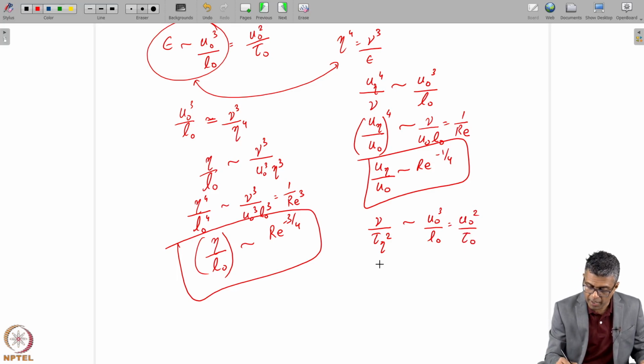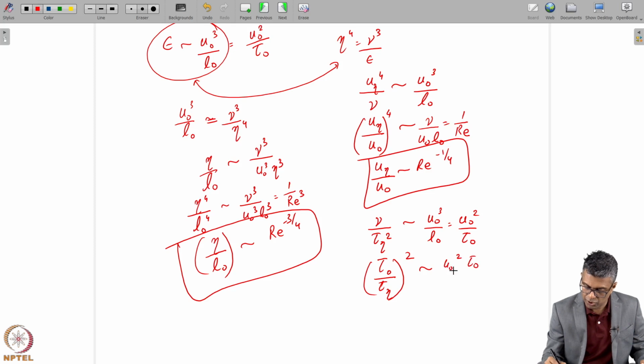So then my tau 0 over tau eta, squared, is of the order of u0 squared tau 0 divided by nu.